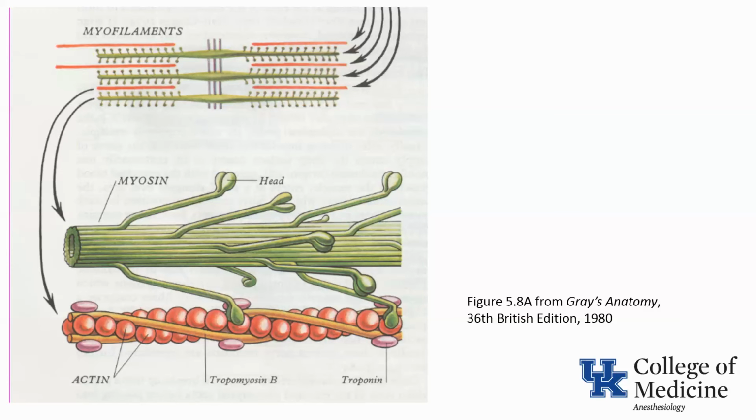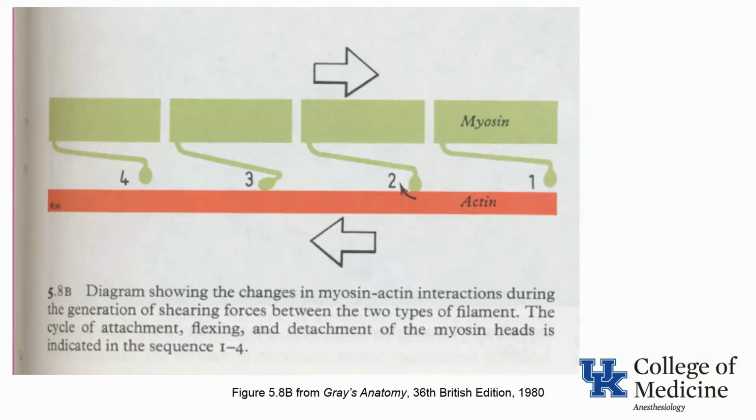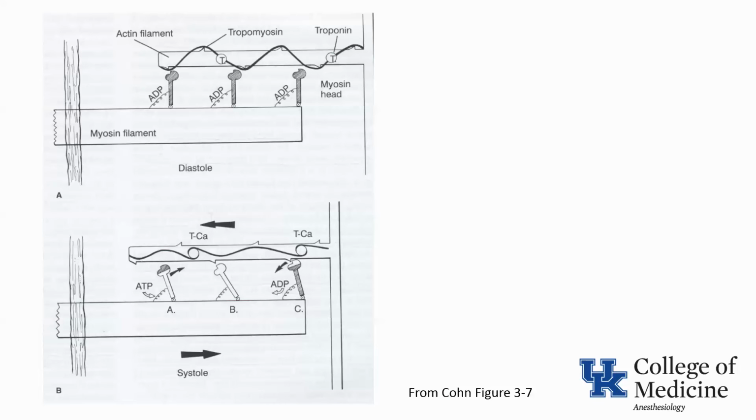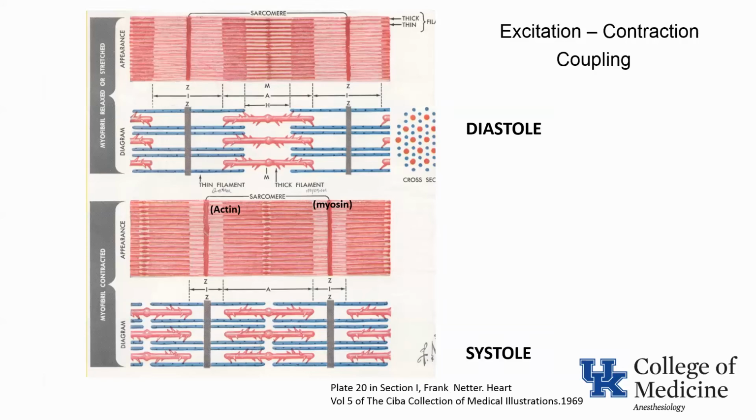Again, this diagram shows the interaction of the heads on the myosin molecule with the actin, and this illustrates the movement of these heads, causing the overlapping between myosin and actin. This movement of the myosin heads is illustrated in these diagrams from an earlier edition of Barash's textbook, and also from this diagram from Kahn's textbook.